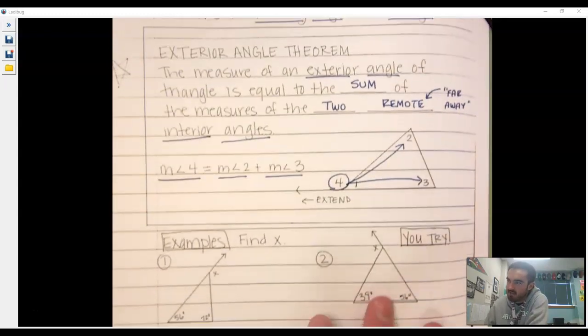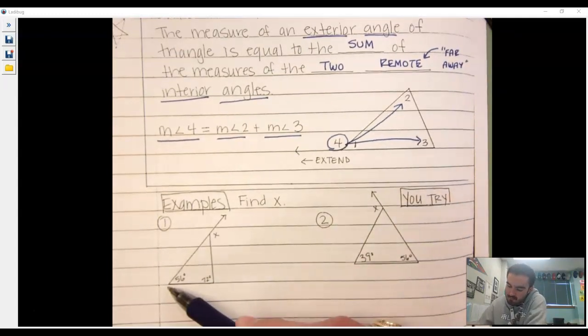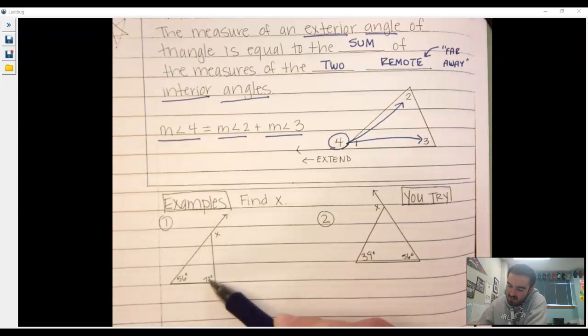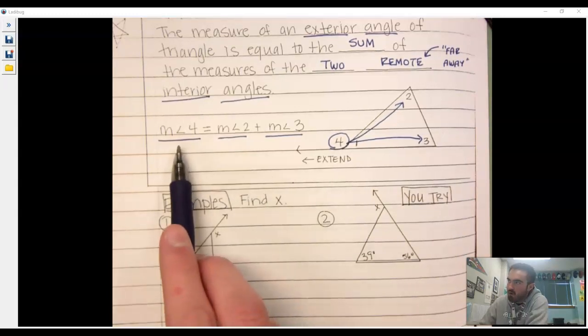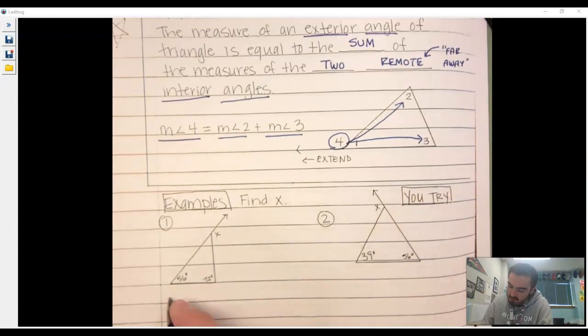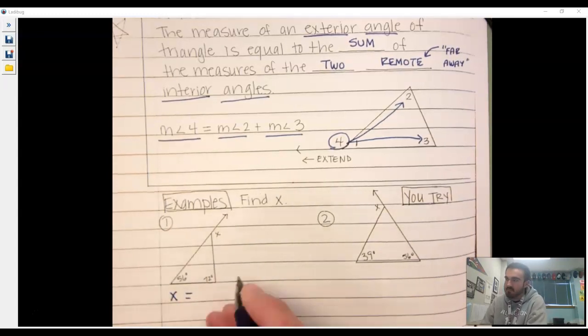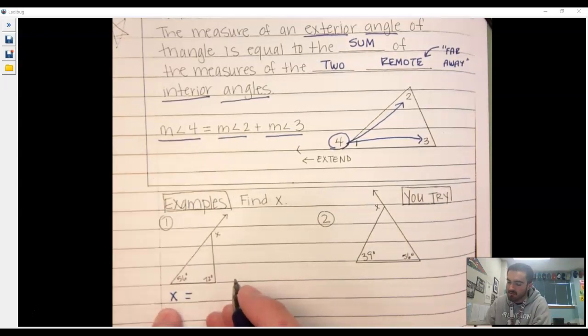It says find x. Well, if you look here, we have a triangle. We have an exterior angle, and we have two remote interior angles. So let's first say what our exterior angle is. Well, that's x. So we have x equals, if I'm using this equation, x is my exterior angle.